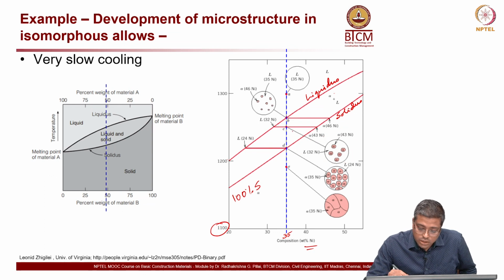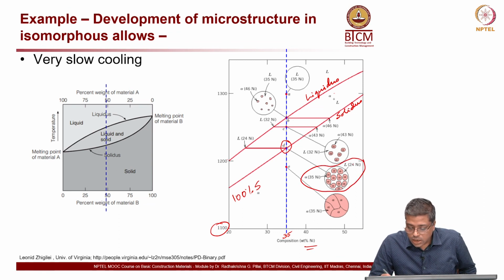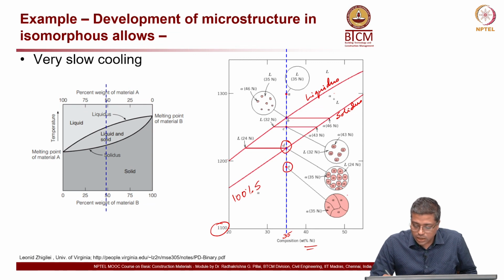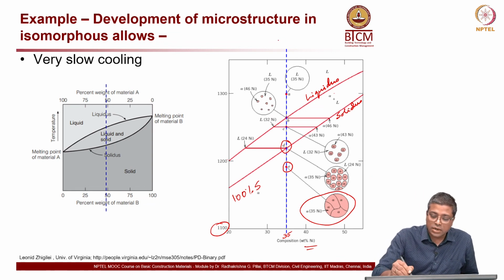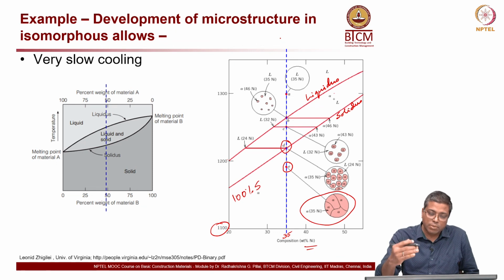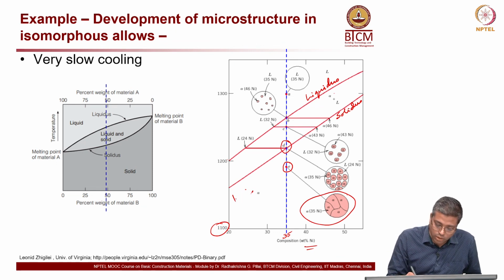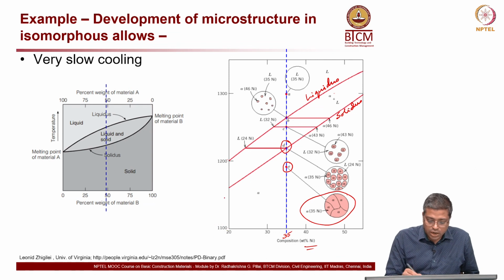As you move towards point D, this is the corresponding sketch, and you can see that the size of the alpha keeps increasing. Compared with point B, where the alpha is very little, here you have more and more solid phase. As you cross the solidus, it is 100% alpha and there is no liquid phase. So from top to down, as the temperature keeps decreasing, you get more and more solid phase, with gradual changes.